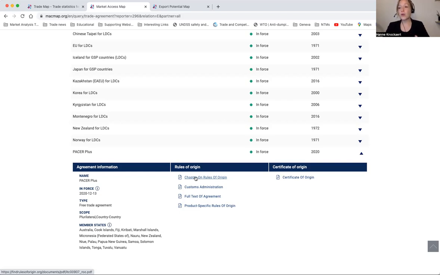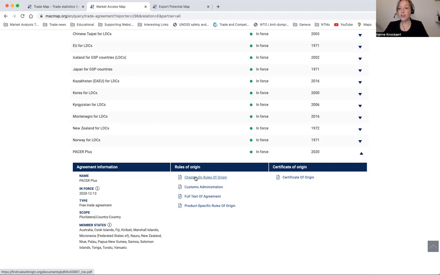It shows you also in detail what your product needs to comply with, like how much percentage of a manufactured product needs to be originated in Kiribati. For fish, it's probably easier to determine whether or not the fish is from Kiribati. With a manufactured product, it's a little more complicated, but all these rules are shown here.